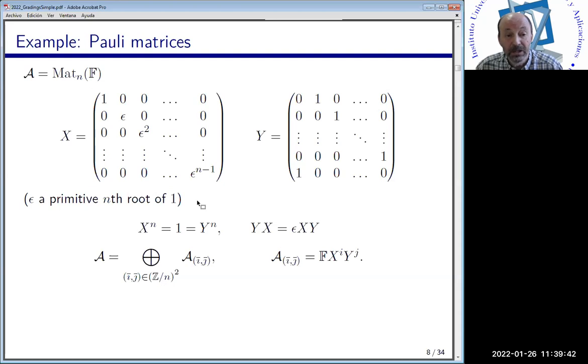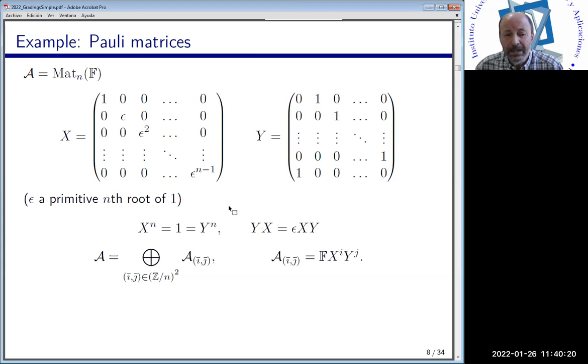And then we can consider these two matrices, X with the nth roots of unity on the diagonal in some order, and Y the permutation matrix that permutes cyclically all the basic elements. Both of these matrices have order n, and they almost commute. They commute up to the root of unity, up to epsilon. So yx equals epsilon xy.